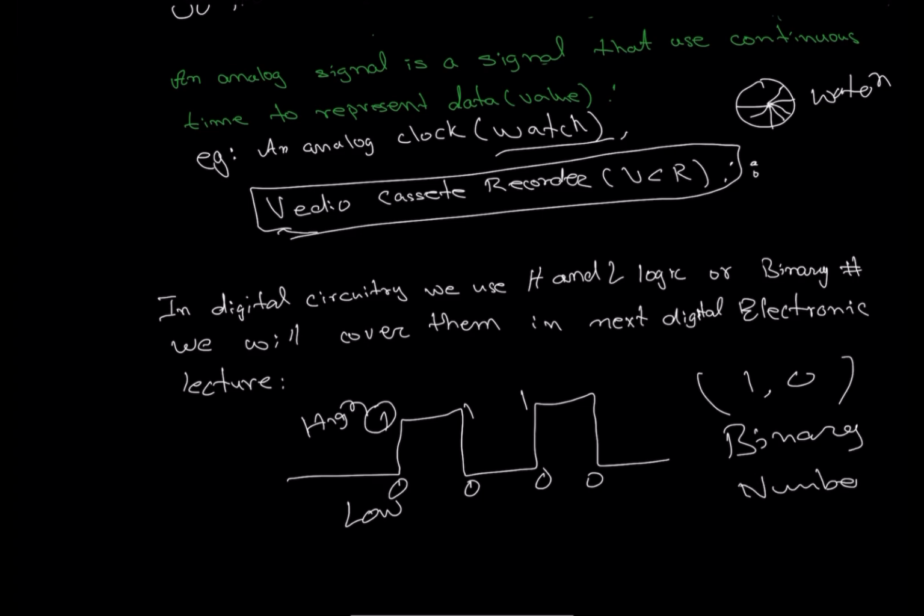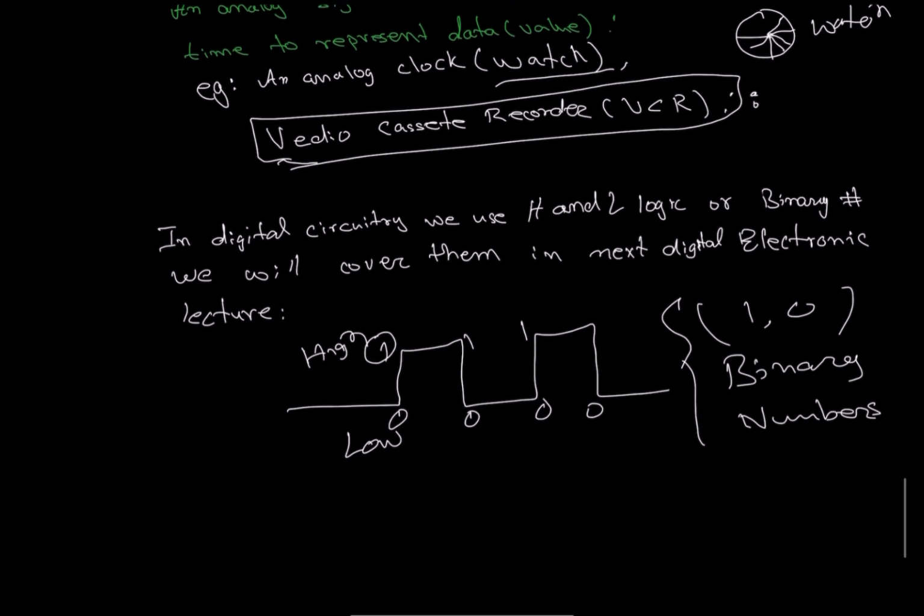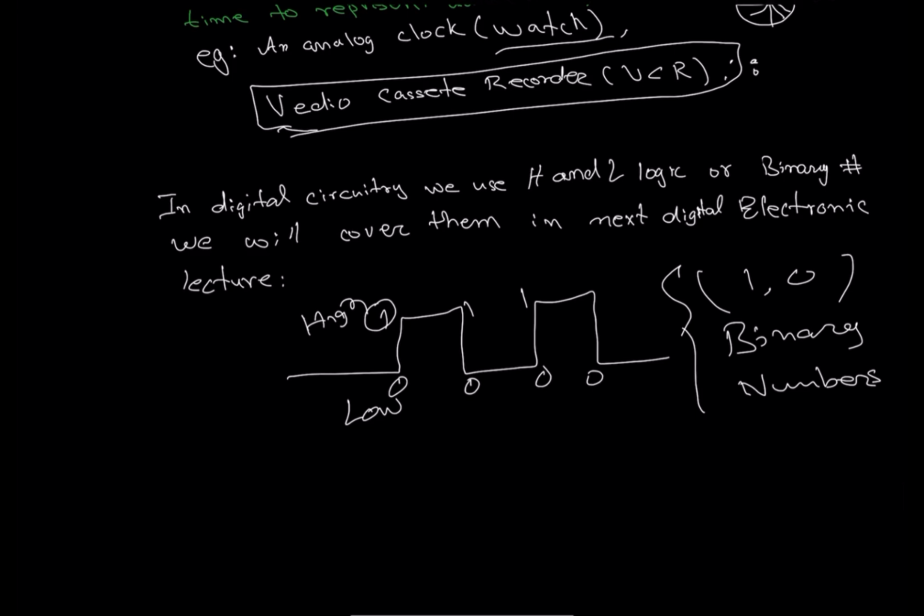We will talk about that sometime next weekend. I'll be uploading this course video every week, at least 1 or 2 videos. So we'll talk about binary numbers next. Please stick around if you want to learn about digital electronics.